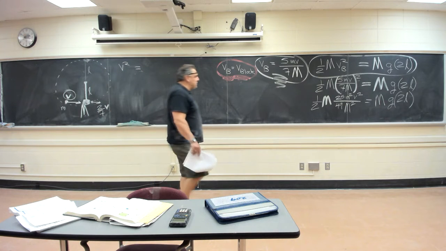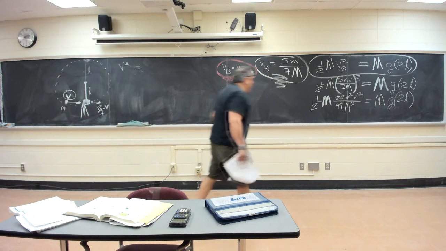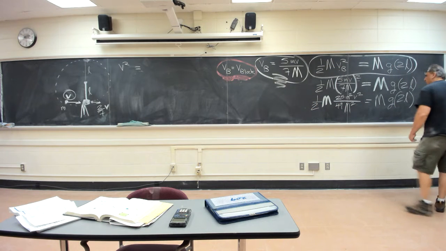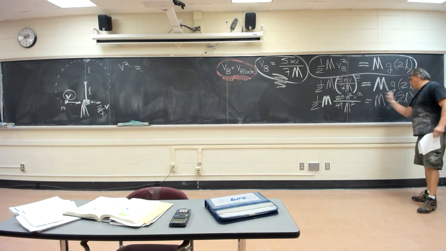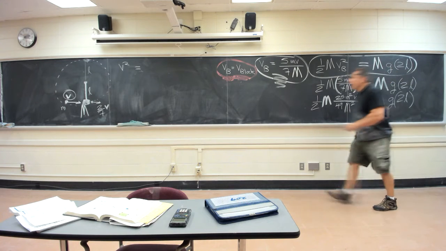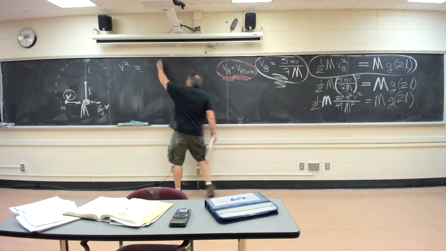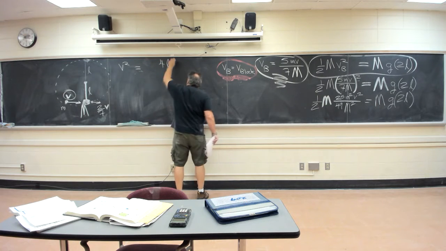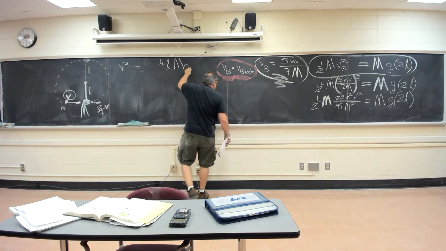And that's v squared, and the rest is quite the mess. Multiply by 2 on each side, and you got a 4 right here. Multiply by 2 on each side, you got a 4L right here. 4L capital MG.